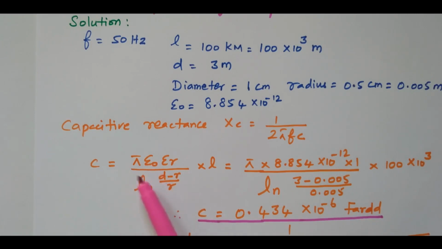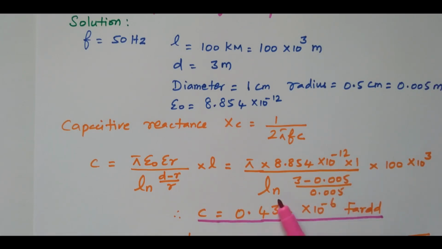Pi into epsilon naught, where epsilon naught is 8.854 into 10 to the power minus 12. Epsilon r is 1; we are assuming that it is air. Divided by log of (d minus r) by r. D is the distance between the conductors, 3 meter, minus radius 0.005 meter, divided by 0.005.